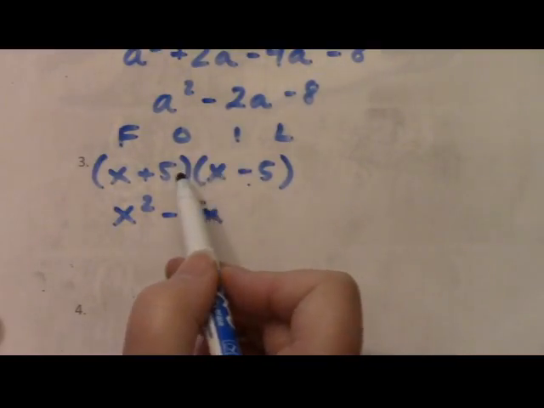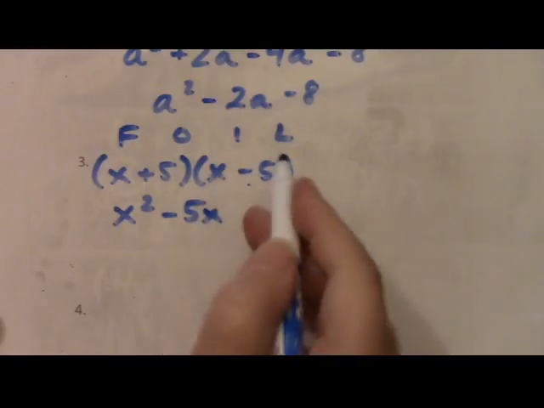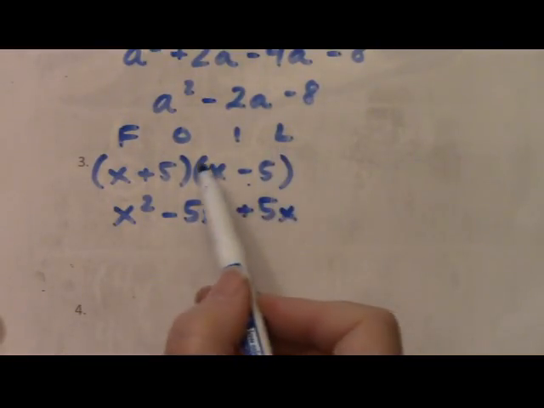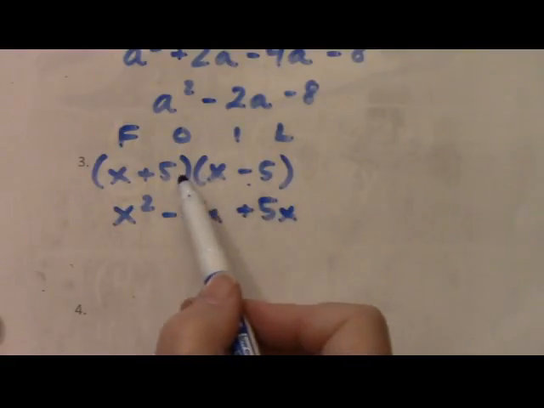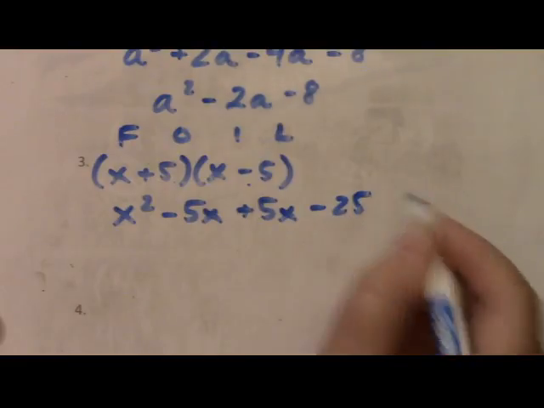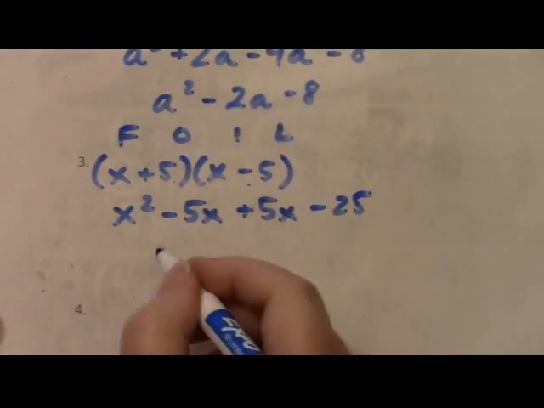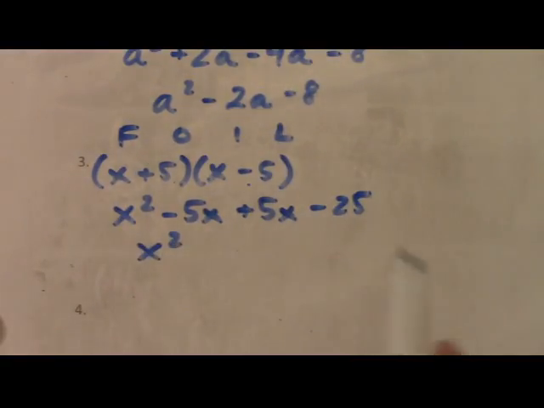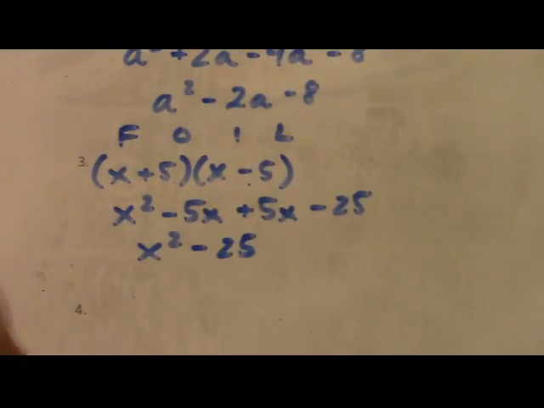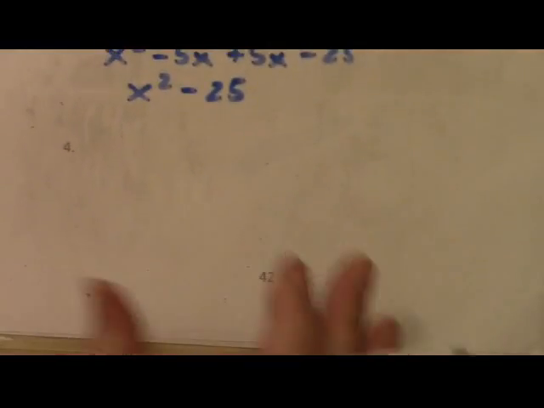Inside terms, a +5 times an x gives me a +5x. Last, my last term in each parenthesis, a +5 times a -5 gives me -25. Combine my middles, I end up with an x squared. Here we end up with a -5x plus a 5x. It's really 0, so they cancel each other out. We end up with x squared minus 25. It's okay to have a term that's missing there.